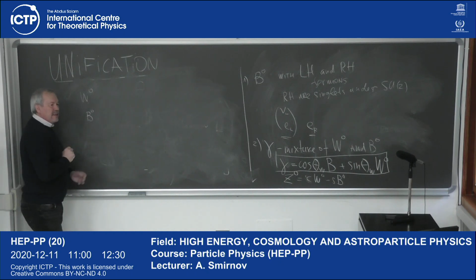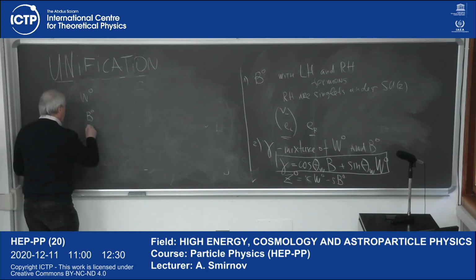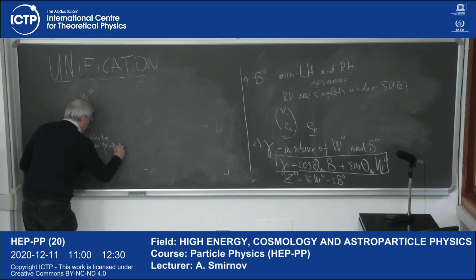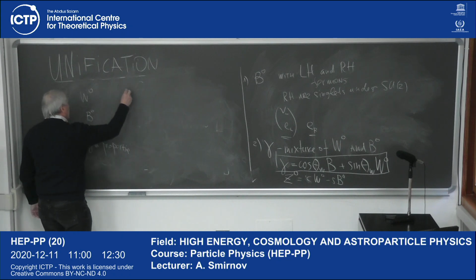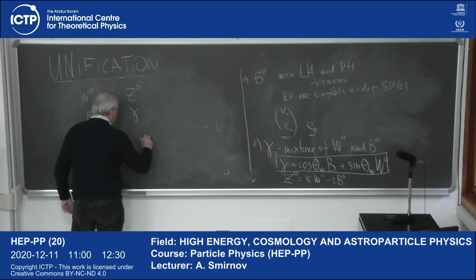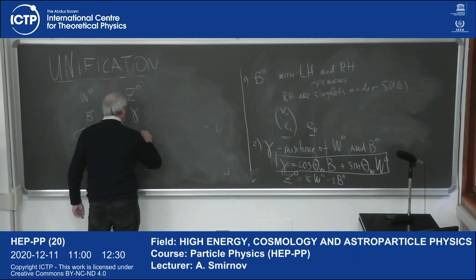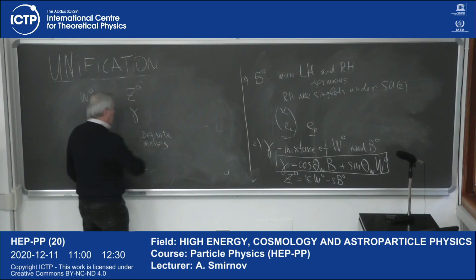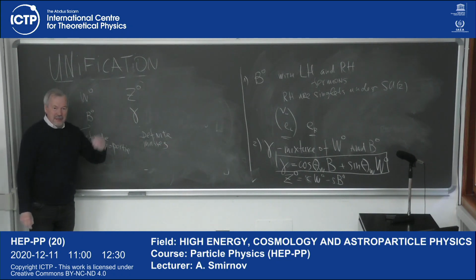So these particles have definite symmetry properties. Z0 and gamma are states with definite masses. So gamma has 0 mass, and this has mass.